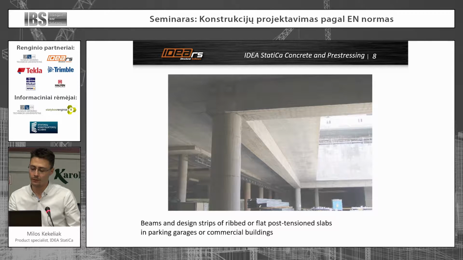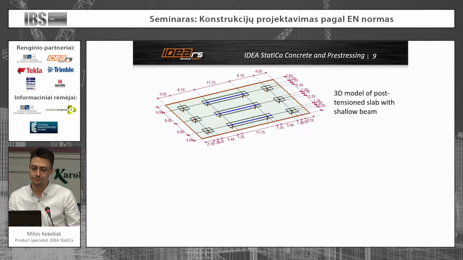As well, we can design or check the structures that are cast in situ and subsequently post-tensioned, like beams and design strips, or strips of post-tensioned slabs or ribbed slabs.